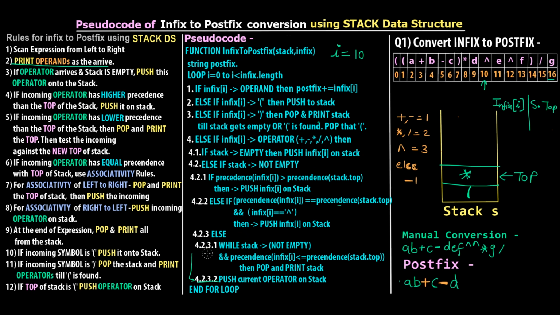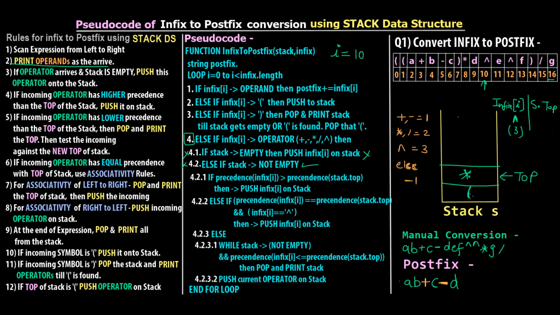So when I will become 10, we are having a raise to operator. So infix of I is a raise to operator. Its precedence is 3. So in the for loop, step number 4 will be executed because it is for operators. 4.1 will not be executed. That is if stack empty. It is not empty. 4.2 will be executed because else if stack not empty.